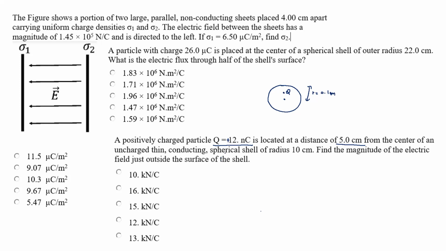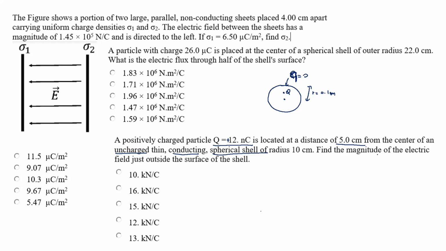Okay, good. Now the question is what? Again, you highlight this, it's uncharged. That means on my spherical shell, Q is equal to 0, because it's uncharged. It's conducting and it's a spherical shell.